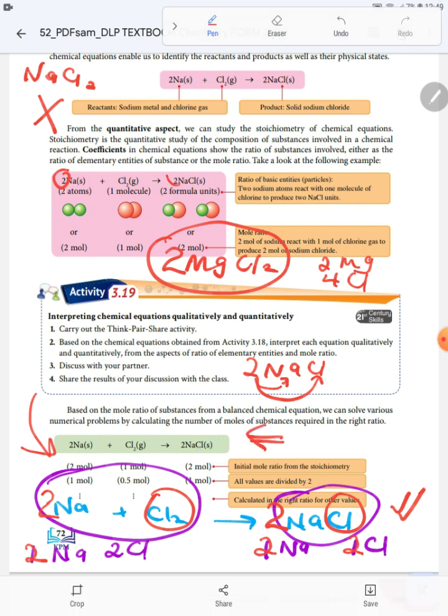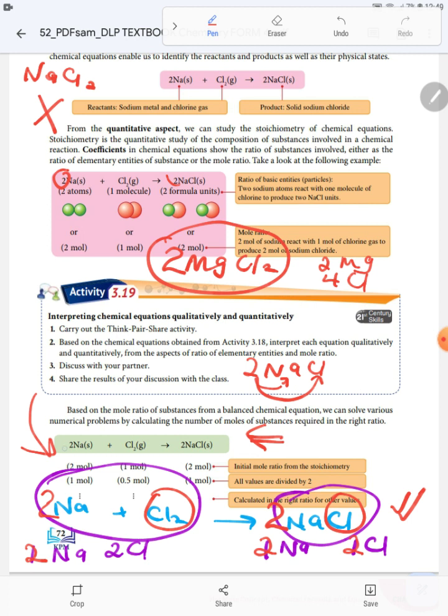And how to read the sentence of this chemical equation. Okay, you kena ingat, this one bermaksud 2 mole of Na react with 1 mole of Cl2, we produce 2 mole of NaCl.